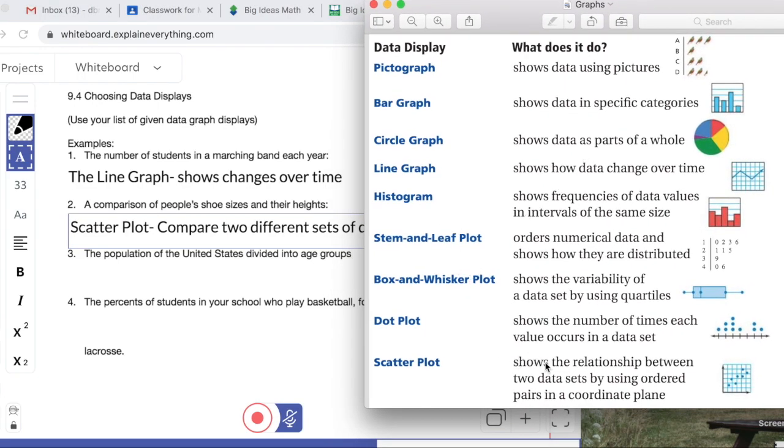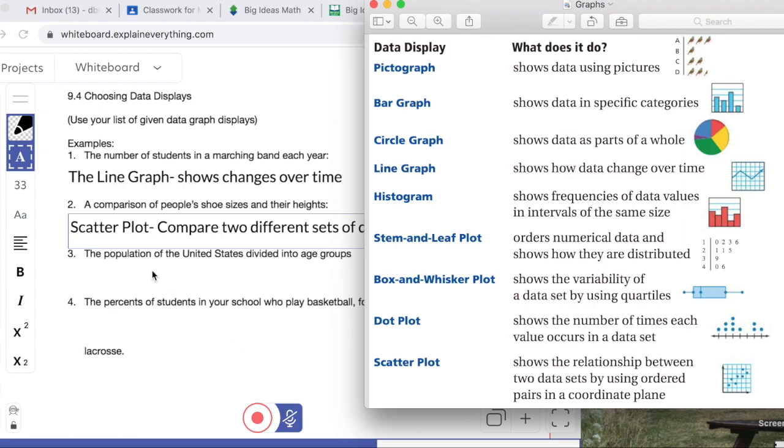A scatter plot shows the relationship between 2 data sets by using ordered pairs in a coordinate plane. You could show that trend going up. Remember when we talked about correlation? Does your shoe size grow when your height grows? This would help explain that.